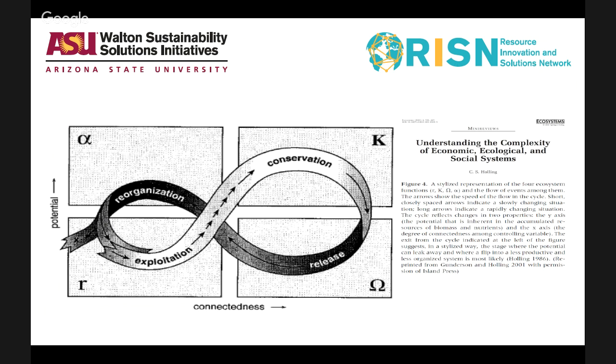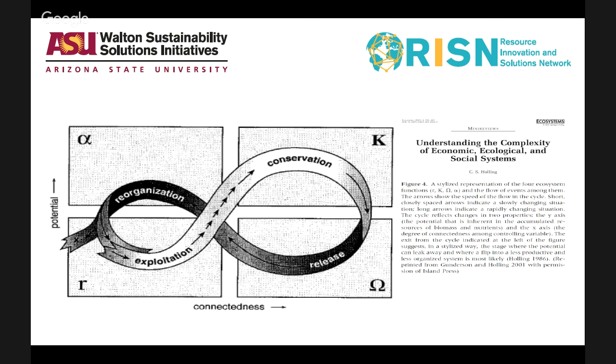We can see this in our own lawns, for example. After it rains in Phoenix, the first thing to come up are the weeds. When the nutrients and the water is plentiful, it's the fastest growing species that will exploit those nutrients to create this exponential growth loop. But as those resources become scarce, it's the species that are longer lasting, the ones that conserve those resources, that will thrive in the upper right hand.